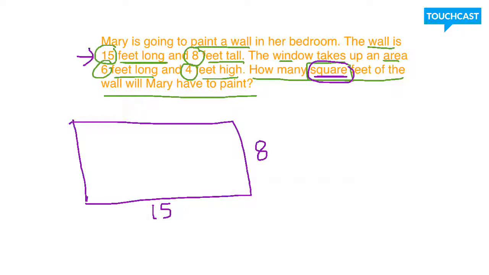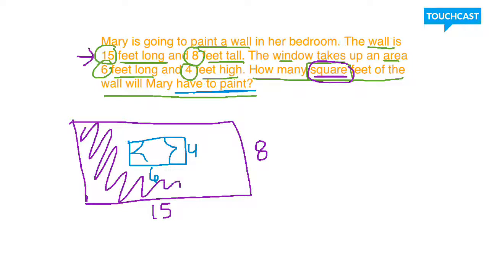Now, there's a window there that is 6 feet long. Let's put it right in the middle. Okay, here's our window. Nice curtains, sure. 6 feet long and 4 feet high. But the question's asking how many square feet will she have to paint? So it's going to be all of this around it, right? She's not going to paint the window.